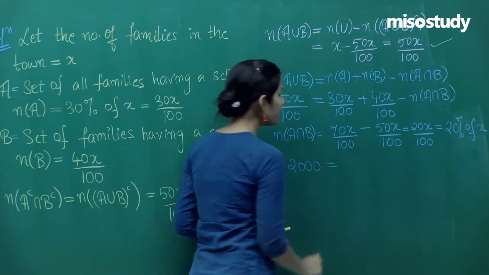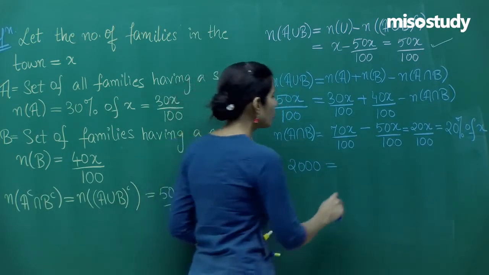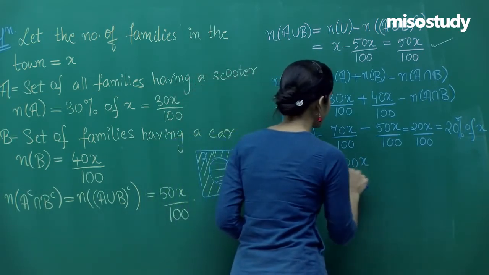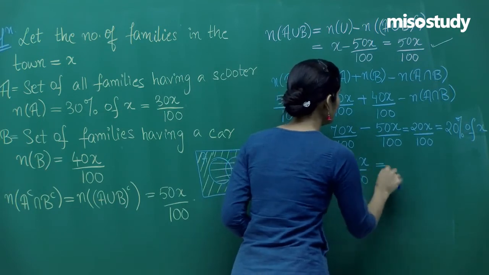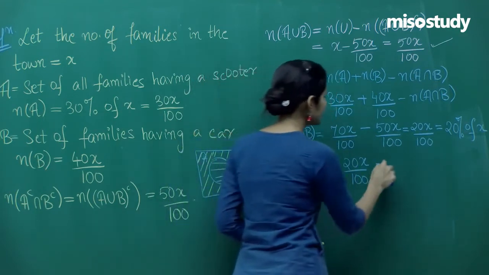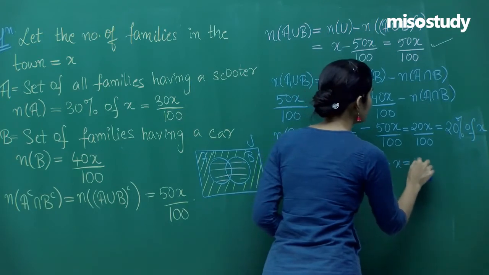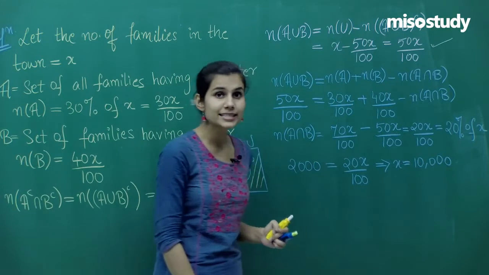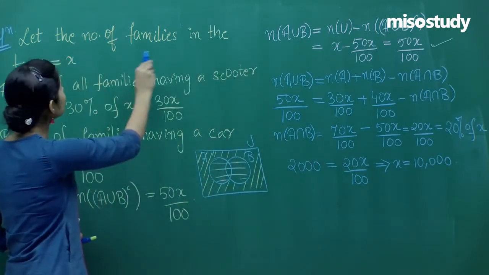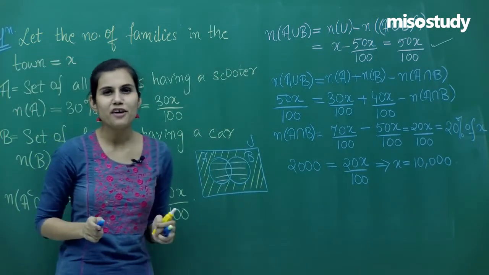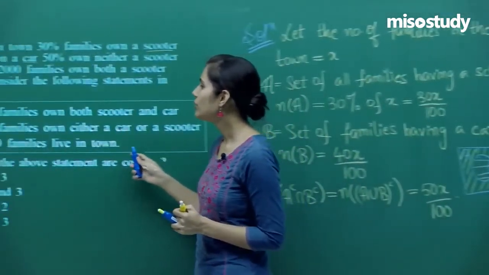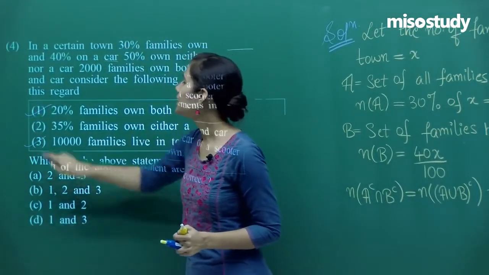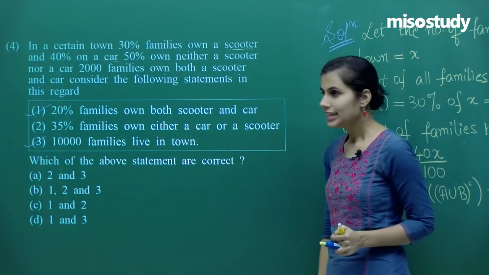So 2000 is the number of members in A intersection B, which is 20x upon 100. From this, you get x is equal to 10,000. But what was x? X was equal to the total number of families, and therefore the total number of families who live in the town has come out to be 10,000.